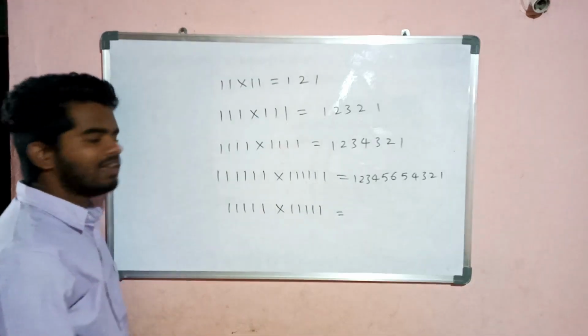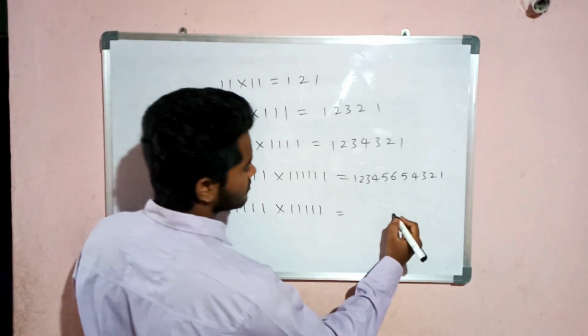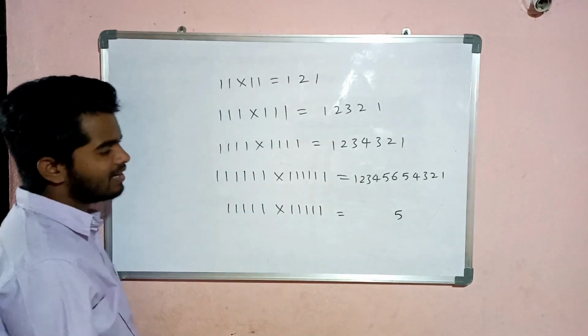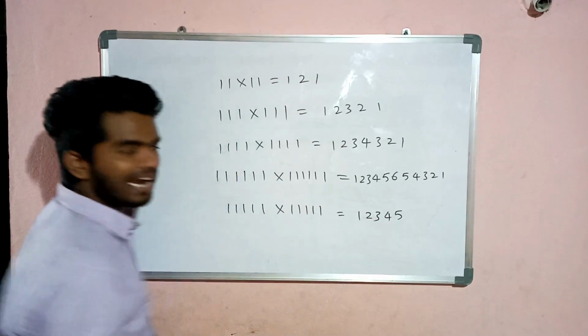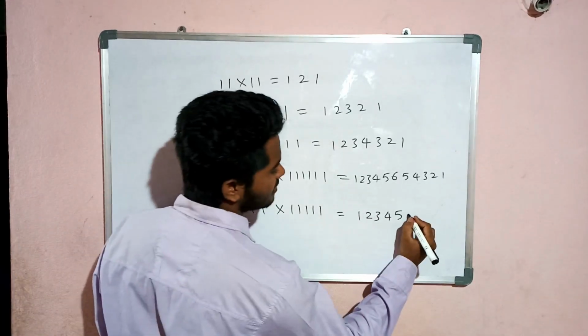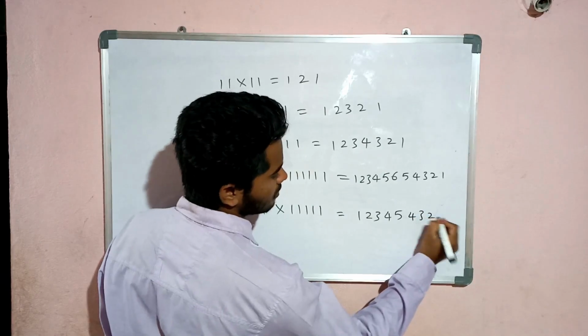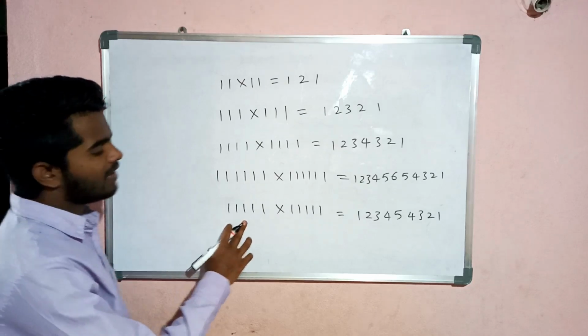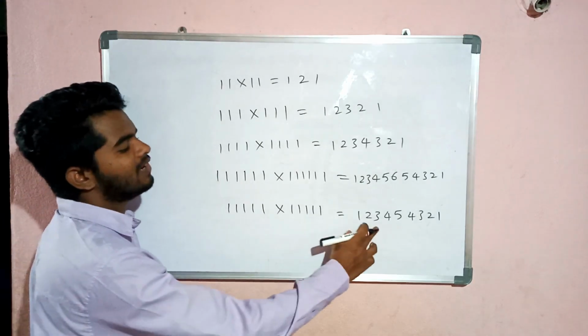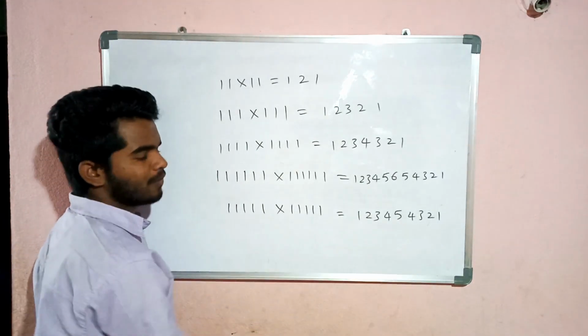5 ones multiplied by 5 ones. 5 is in the middle, decreasing to 1 on the left side and also on the right side, 5, 4, 3, 2, 1. 5 ones into 5 ones equals 1, 2, 3, 4, 5, 4, 3, 2, 1.